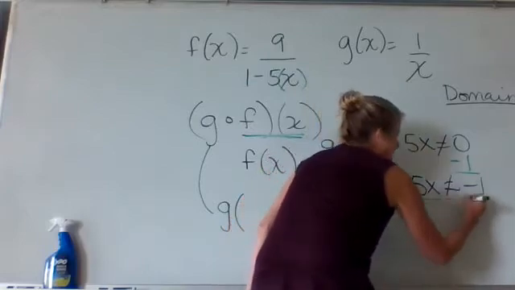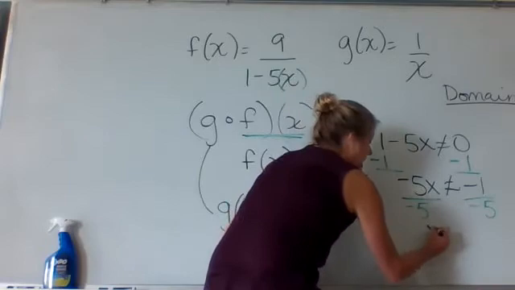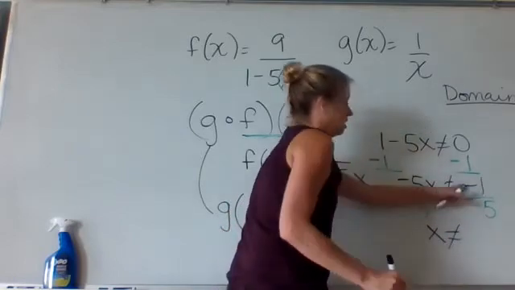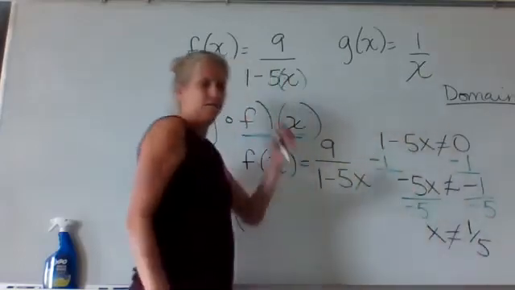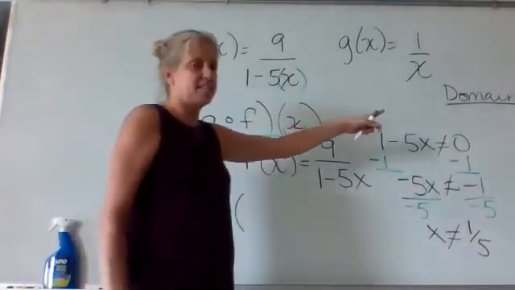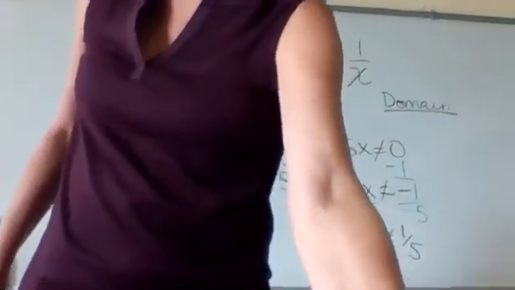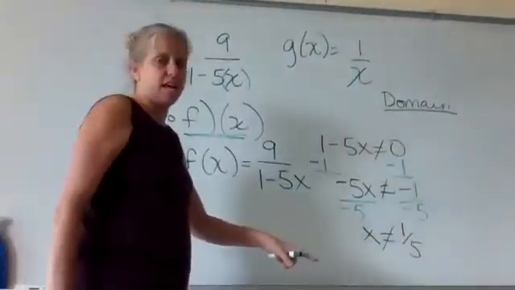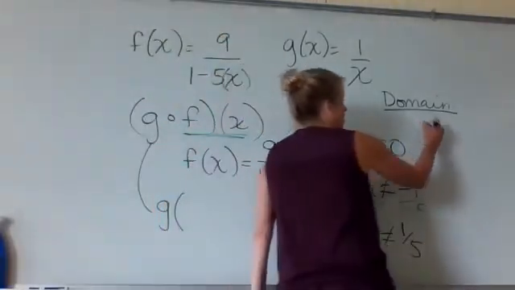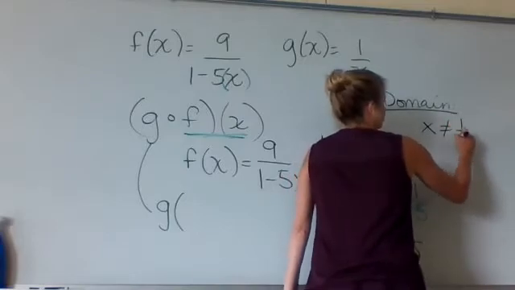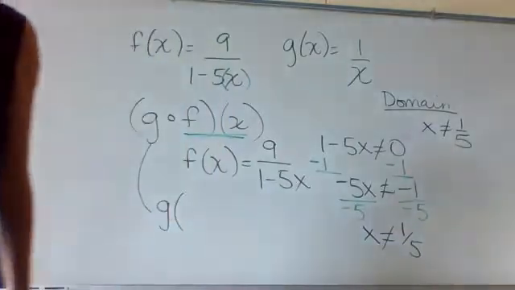Divide by negative 5. So now x cannot equal, this negative over a negative turns into positive 1/5. So let's write that over here in my little side note of my domain. What's the first thing x cannot equal? It can't equal 1/5. So let's just remember that later on in the problem when I'm trying to find the domain.